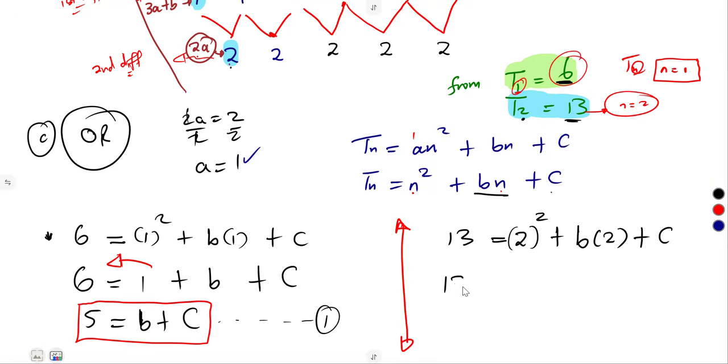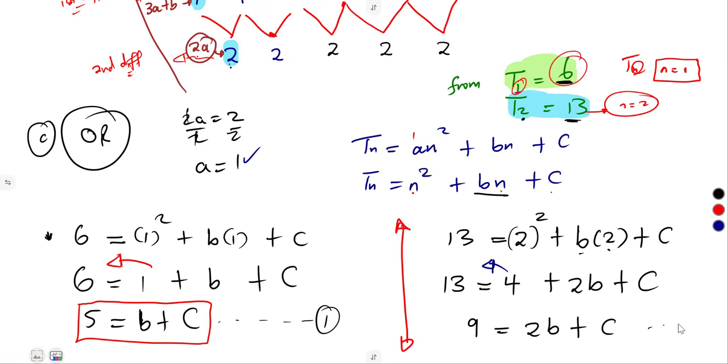So 13 is equal to 2 squared, which is 4, plus b times 2, that's simply 2b, plus c. So we're going to take the 4 to the other side, or simply subtract 4 from both sides of your equation. That's 13 minus 4, which is going to give us 9. So 9 is equal to 2b plus c. Another equation being formulated.